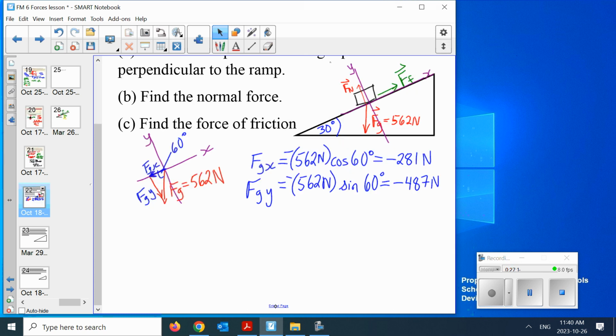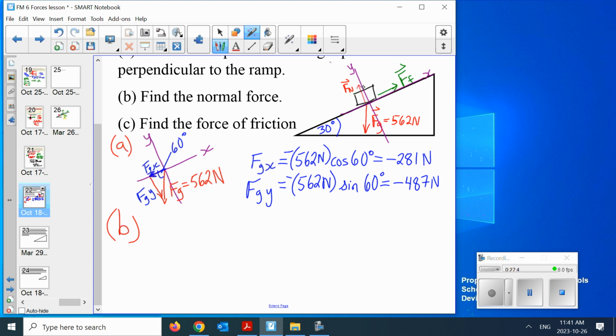And find the normal force. Now, the normal force is perpendicular to the surface of the ramp. The normal force is always equal and opposite to the gravity force if it's horizontal, but it isn't.